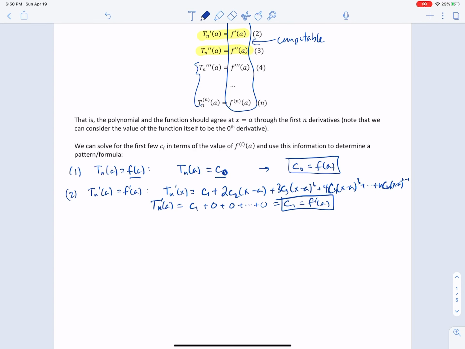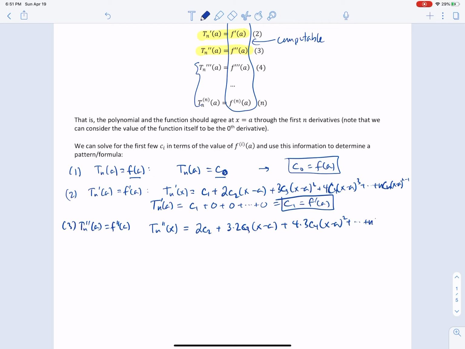Now let's look at equation 3. If Tn double prime of A needs to be F double prime of A, well, I can calculate T double prime of X. Derivative of C1 is equal to 0, so I'm going to get 2C2 plus 3 times 2 C3 times x minus A plus 4 times 3 C4 x minus A squared.